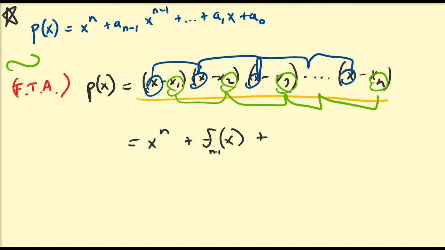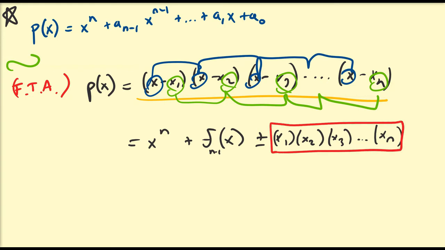And that could be positive or negative. It depends on the signs of these xk's. So I'm just going to write that as plus or minus x1 times x2 times x3 times xn. So these are going to be the products of these zeros.